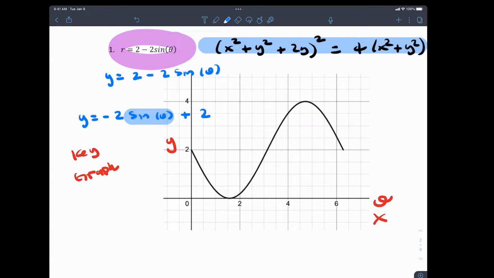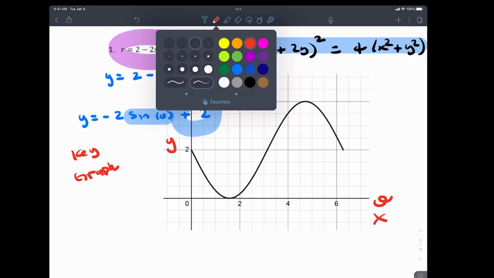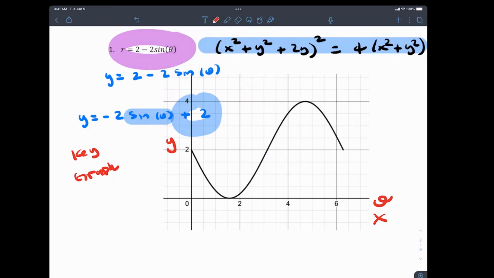So it's reflected about the theta axis, or the x-axis. And then you say, what about this plus 2 portion? Well, it's shifted up 2. And you might say, what does that look like? It looks like what you see here in black. So the key, ladies and gentlemen, is to go back and graph this equation. That's the key.